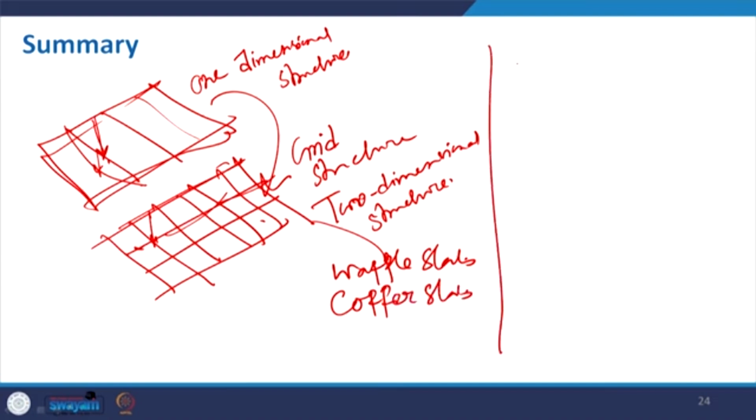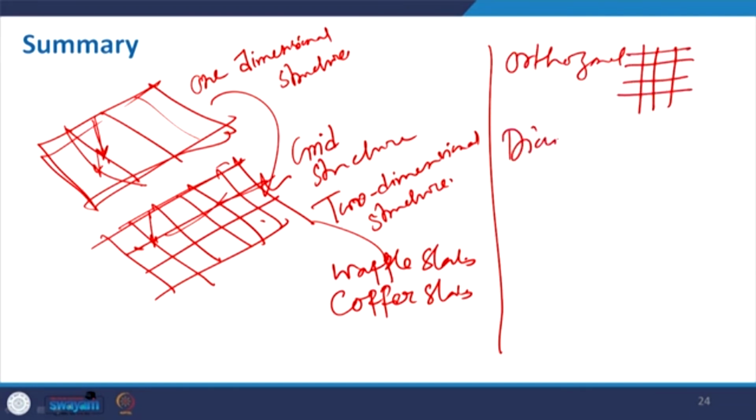In the typology, we have orthogonal, where it is a very rectangular, rectilinear form. We may have diagrid, where it is not perpendicular, so we have something like this.